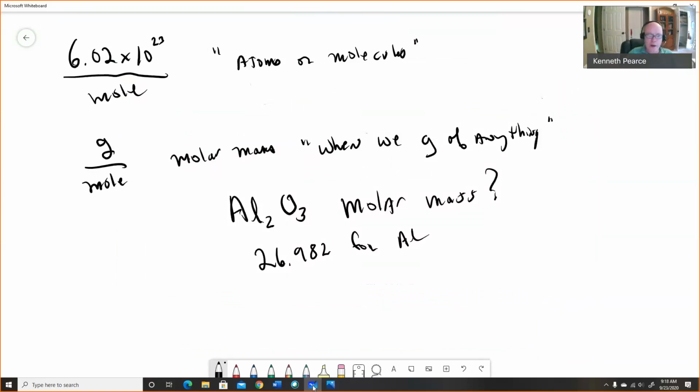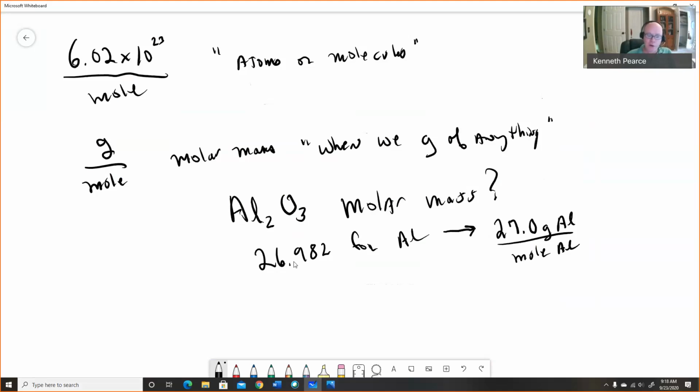And we're going to round these for the purposes of our problems. We're not going to use all 5 digits. We're going to round this first off to 1 decimal. So the number I'm going to use is 27.0, and that's grams aluminum for every mole aluminum, making sure that we're tagging these.